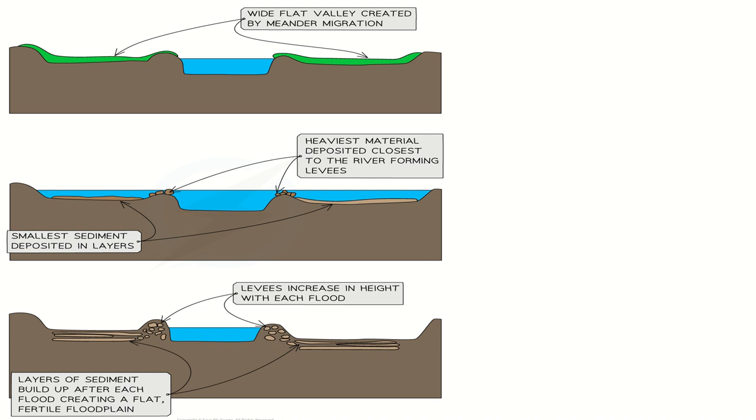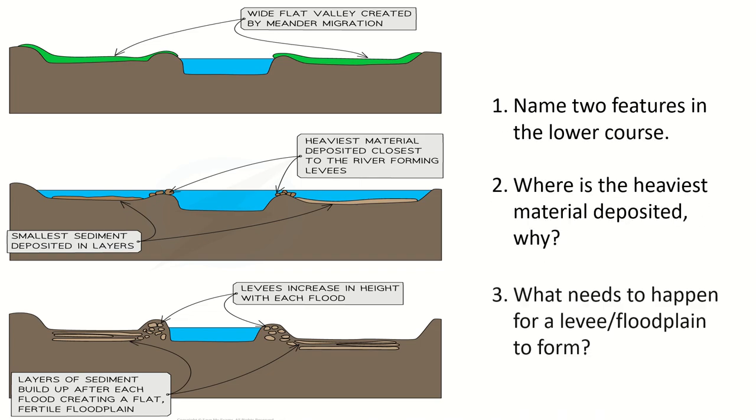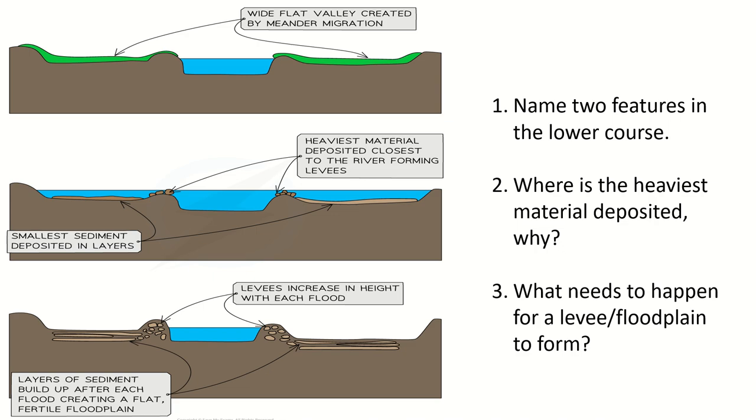Moving down to the lower course of the river, we also now have a series of different features. We've got the following. So, some questions again. Look at the diagrams. Write the diagrams out if you'd like. Pause and unpause.